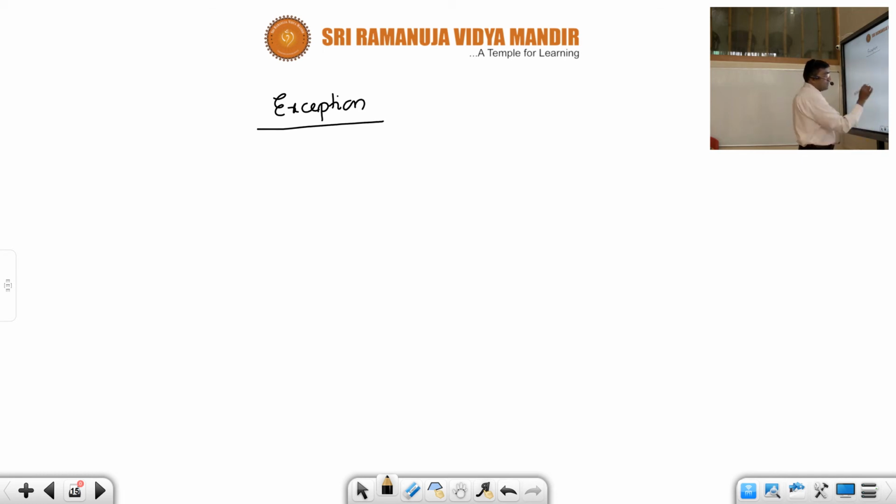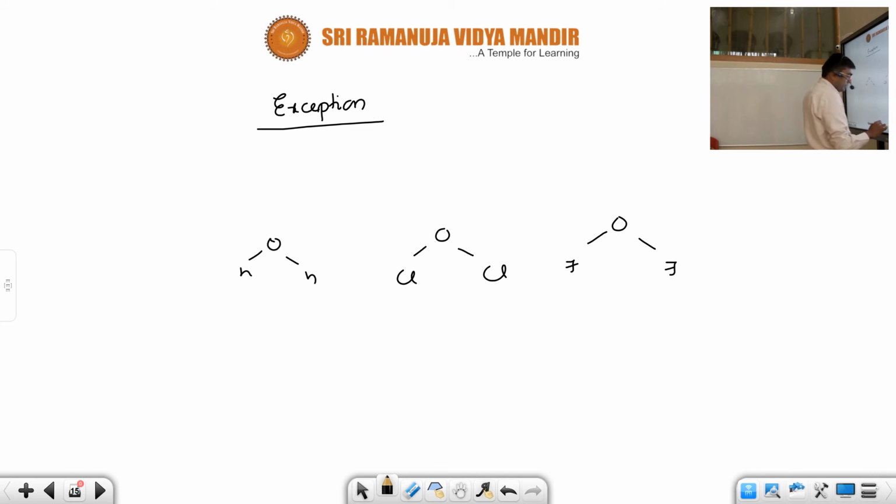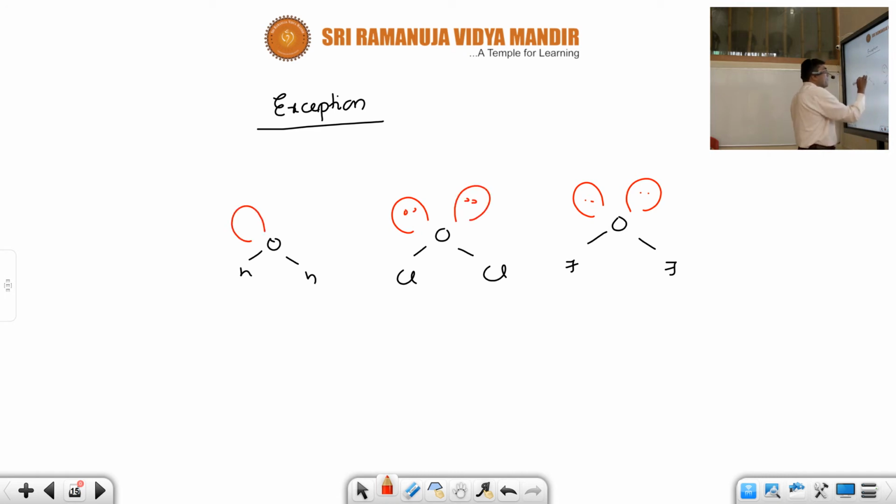So let us understand the exception. For example, if you take the water molecule, OCl2, and OF2. Now there is an exception in these cases. Exception means something other than expected.